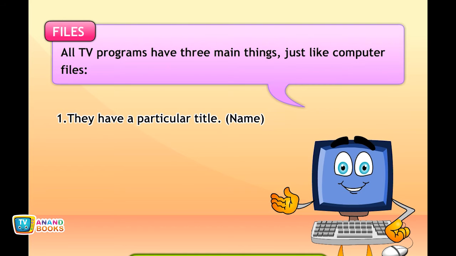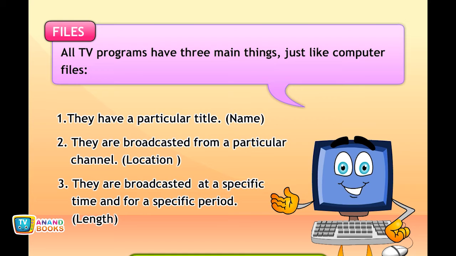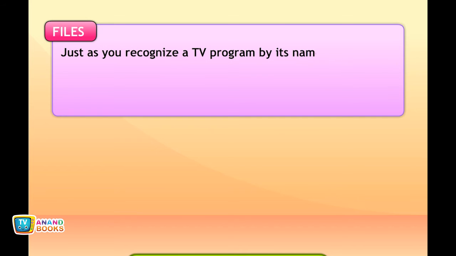They have a particular title, name. 2. They are broadcasted from a particular channel, location. 3. They are broadcasted at a specific time and for a specific period, length. Just as you recognize a TV program by its name, you can also recognize a file by its name.